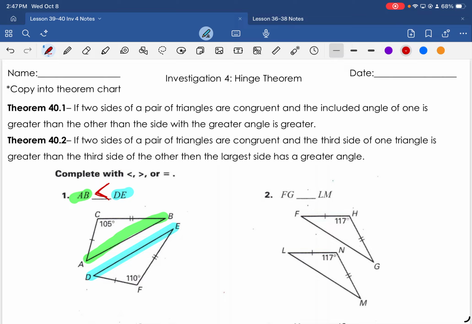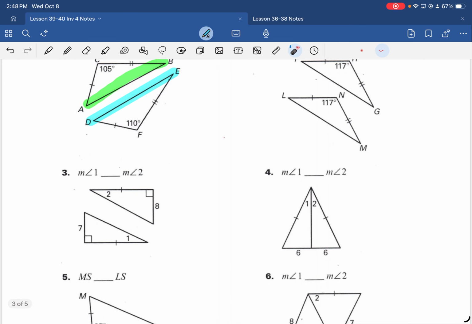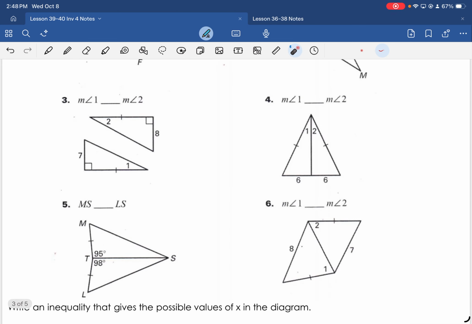Okay, look up here. Theorem 40.2. If two sides of a pair of triangles are congruent and the third side, earlier we said the angle, the third side of one triangle is greater than the third side of the other, then the largest side has the largest angle. So see down here, I'll use highlighting again.